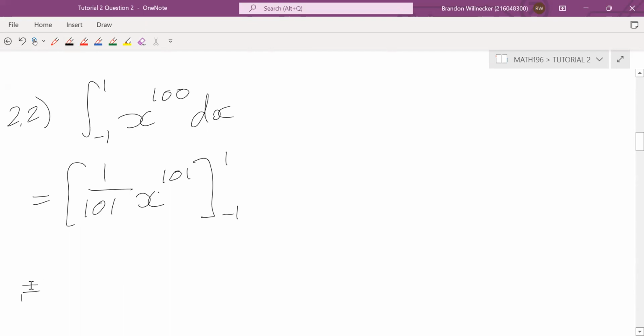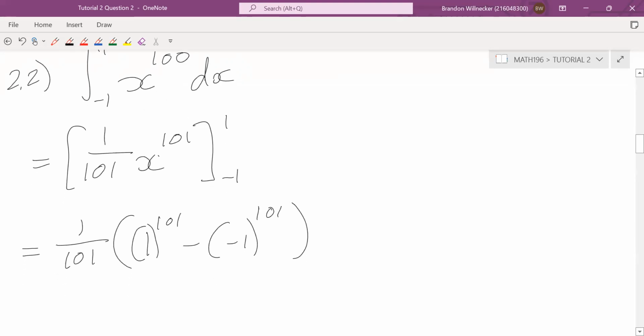So we can take the 1 over 101 outside, and we're left with 1 to the 101 minus -1 to the 101. I've just taken the function evaluated at the upper bound minus the function evaluated at the lower bound. So this is going to be 1 over 101. 1 to the power anything is just going to be 1, minus, and then -1 to an odd number is going to be -1.